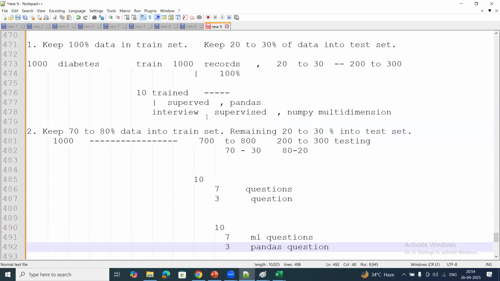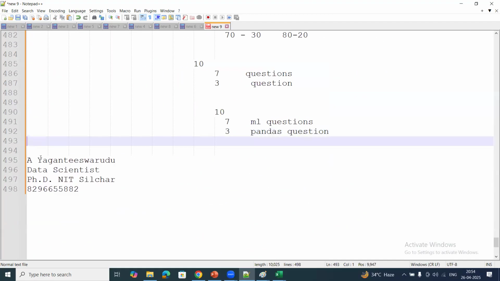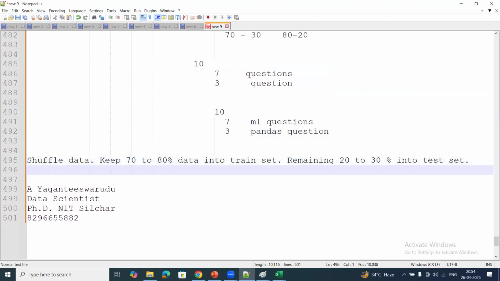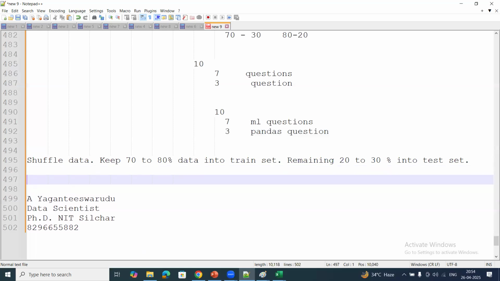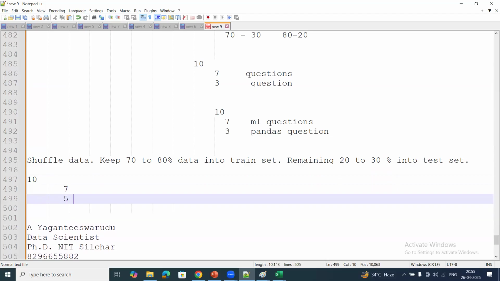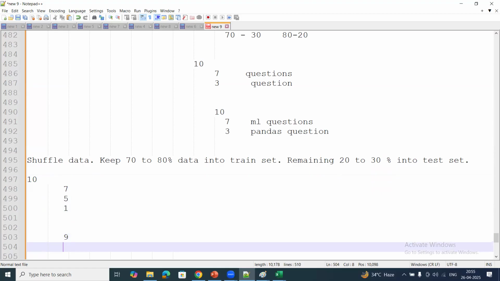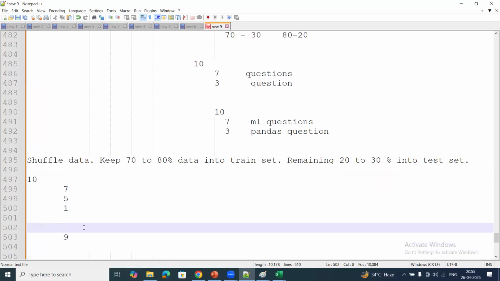So the last approach is to shuffle the data. Mostly it will reduce our problem. Most of the time in machine learning, we follow this approach: shuffle the data and then keep 70 to 80% of the data for the train set and 20 to 30% for the test set. Out of 10 questions, I will shuffle, meaning the first question may become the seventh, the next may be the fifth, the next may be the first, the last may be the ninth, and before that the 10th, and so on.